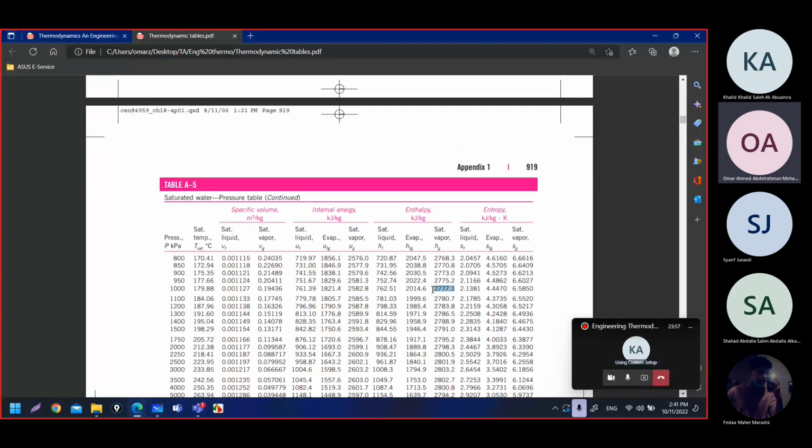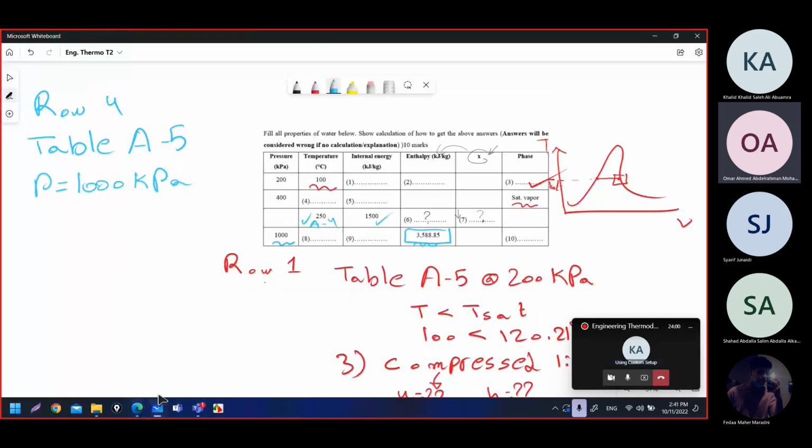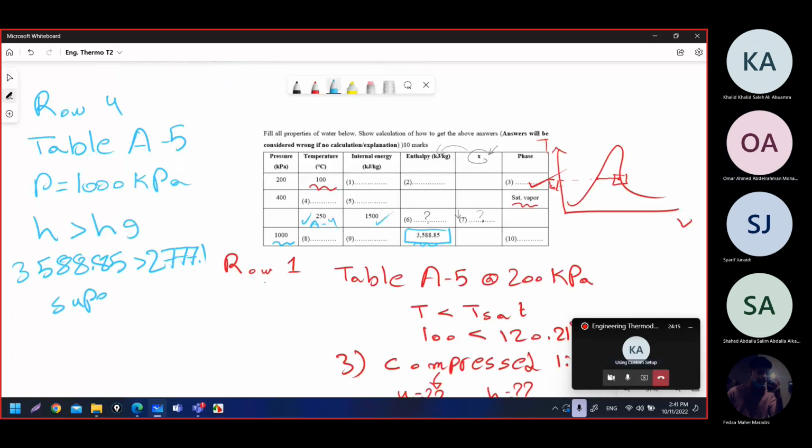So H is higher than HG, and that means it is a superheated state. 3588.85 is higher than HG, 2777.1, so it is a superheated state.